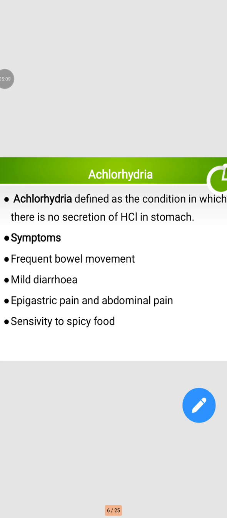Some symptoms are obtained in this condition: frequent bowel movement, sometimes mild diarrhea, epigastric pain, and abdominal pain. Then sensitivity to spicy food. So these are symptoms of achlorhydria.